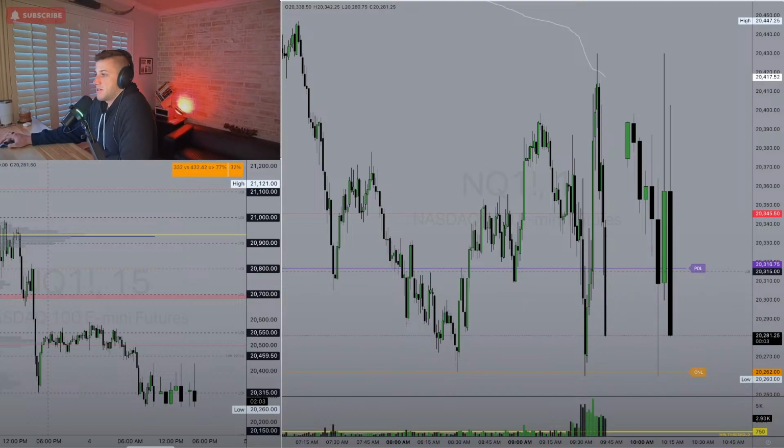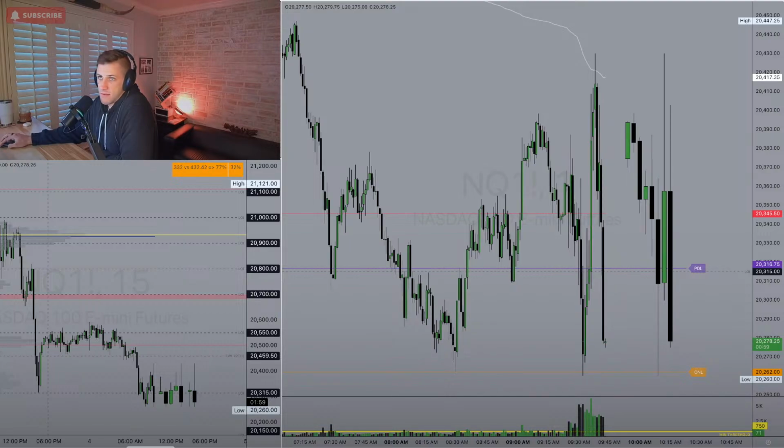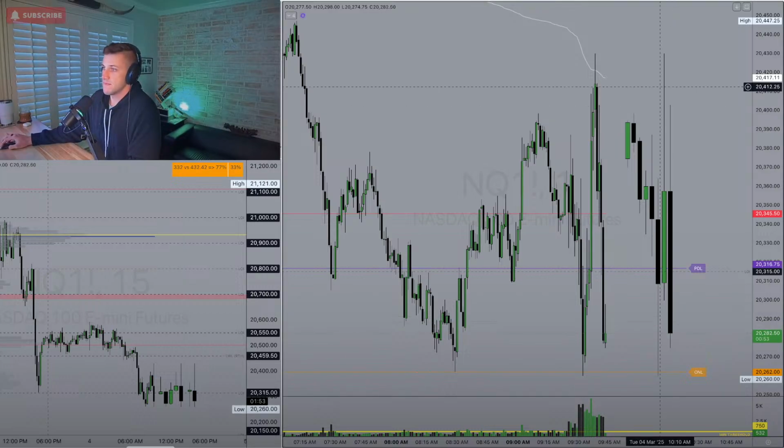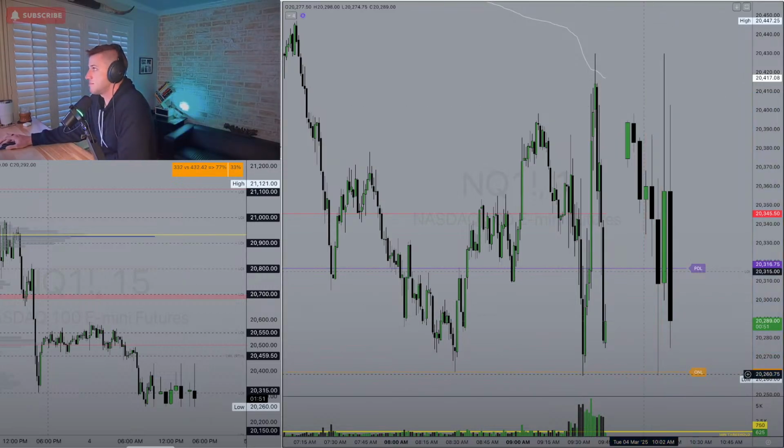So this is your main target here if you're short from VWAP. Nicely done. Monster trade right there. VWAP to session low, 160 points.